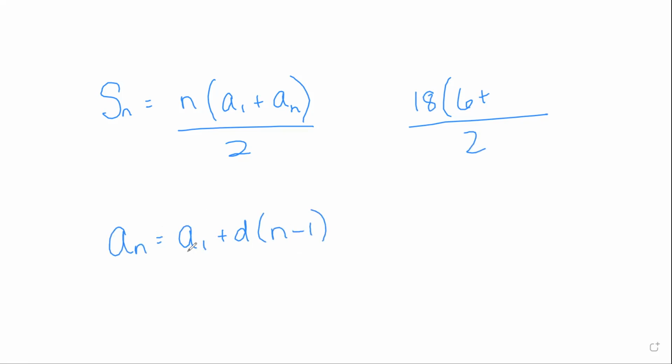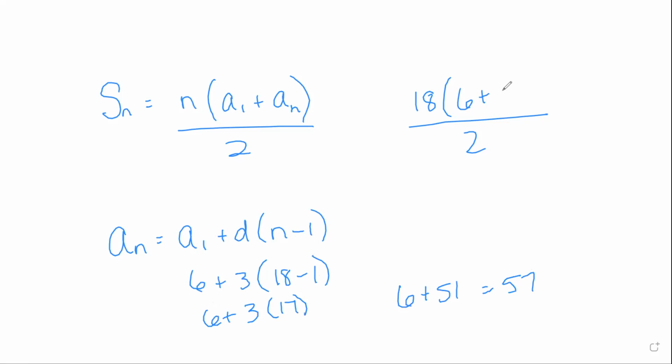And so A sub 1 is 6 plus the difference is 3 because they're adding 3. And then 18 minus 1. And so if you work this out, this would become 17 times 3 plus 6. 3 times 17 would be 51. And 6 plus 51 would be 57.